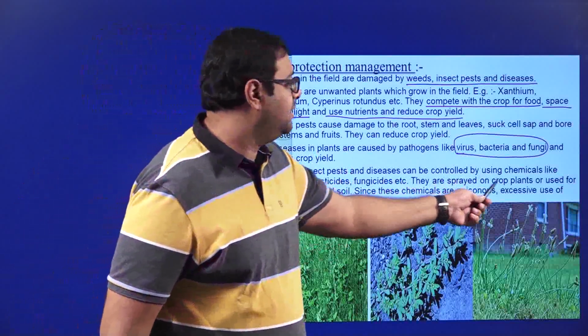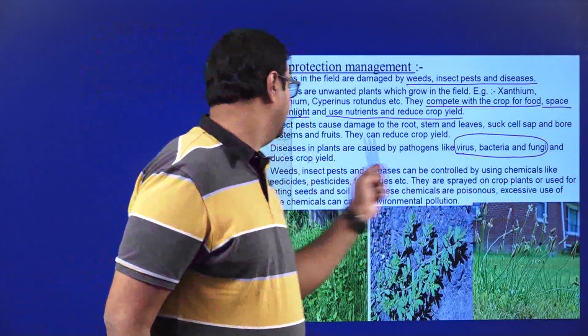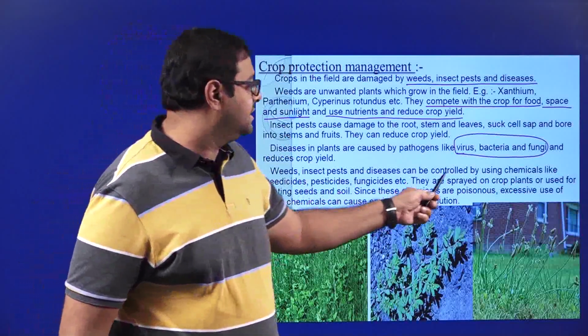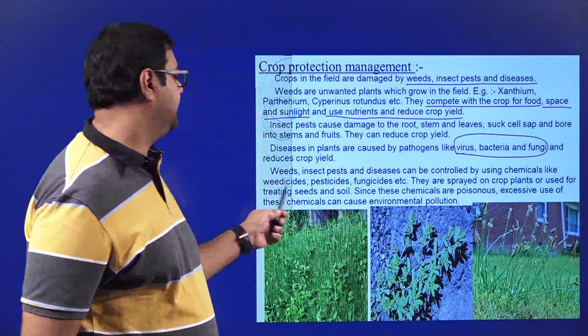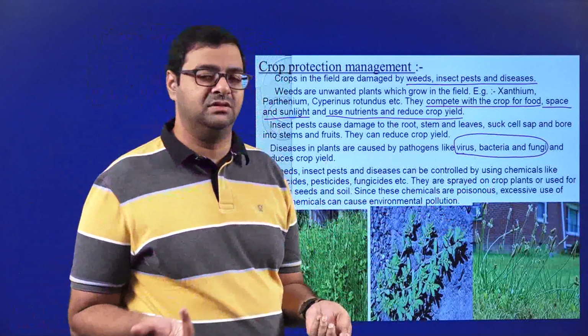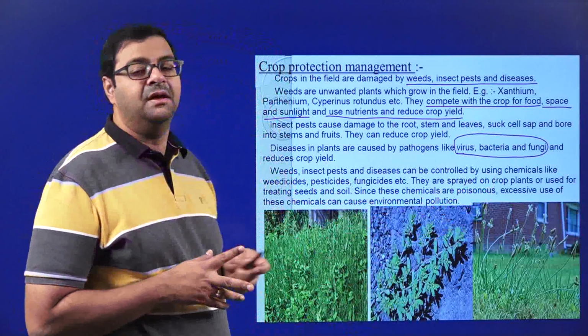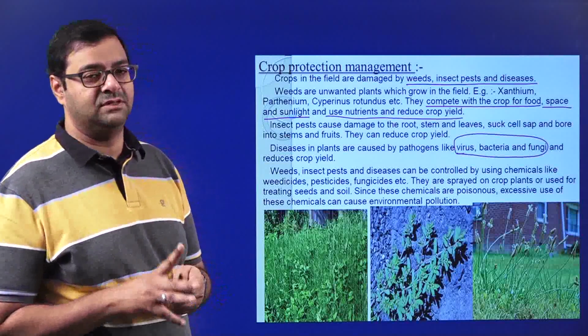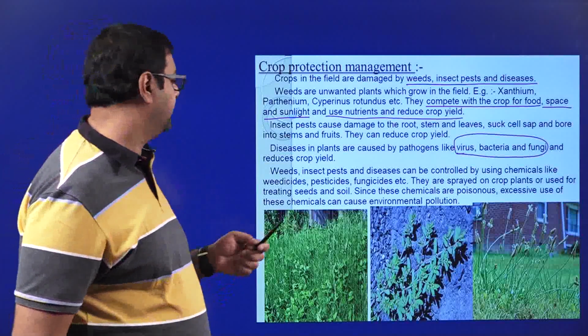They are sprayed on the crop plants or used for treating seeds and soil. Since these chemicals are poisonous, excessive use of these chemicals can cause environmental pollution. Because they are chemically made, if they are used in excess, they will cause damage to the environment.